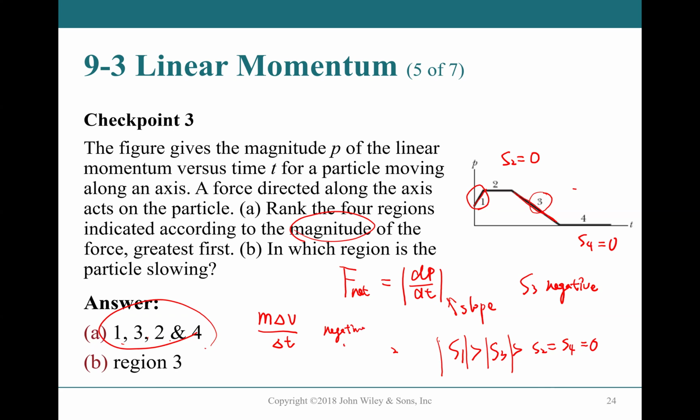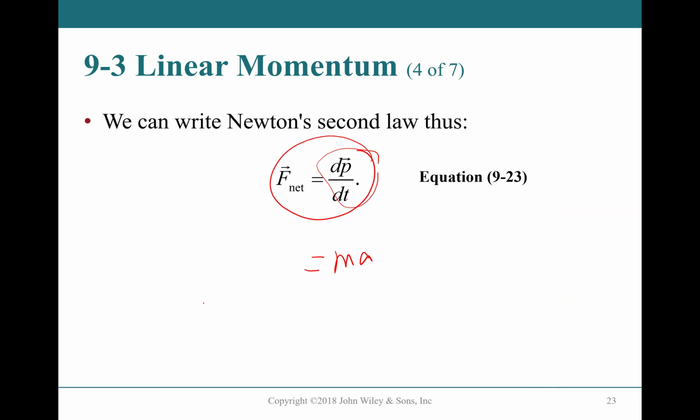Negative means the future velocity is less than the present velocity, so our change in v is negative. Then our velocity is decreasing, so the particle is slowing down. That's why in region 3, the particle slows down. Using the definition here, S will be equal to dp over dt.